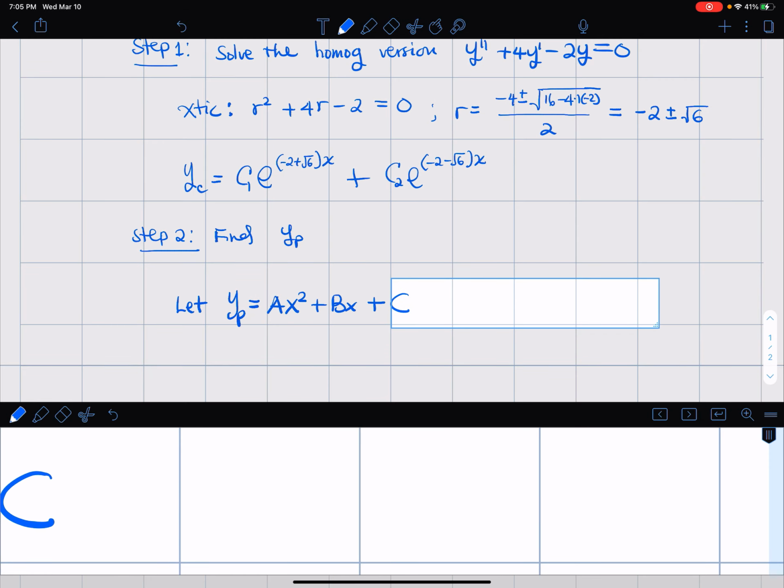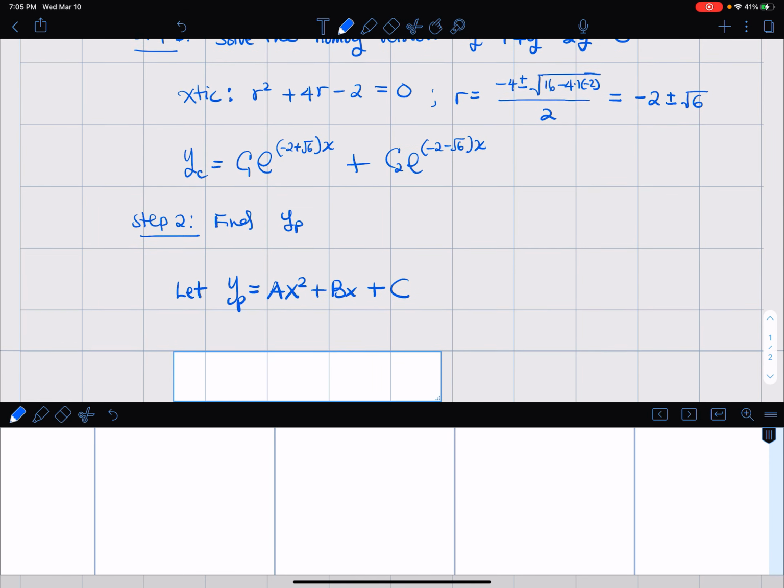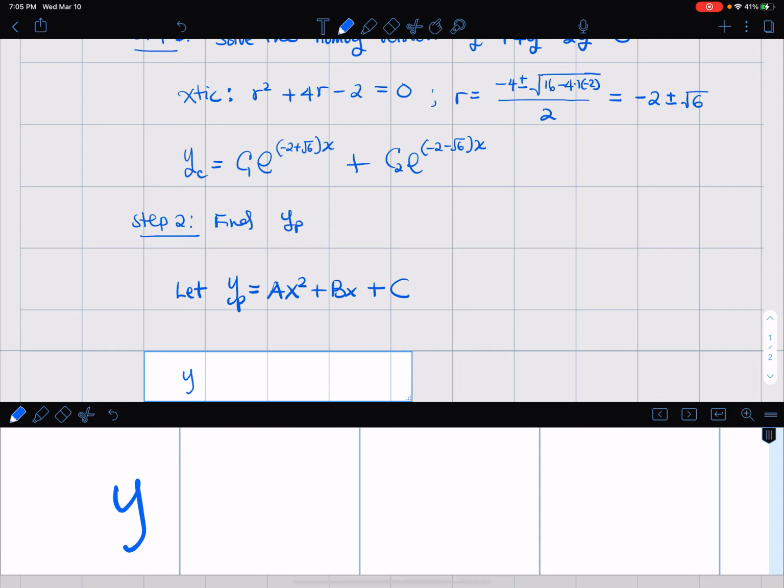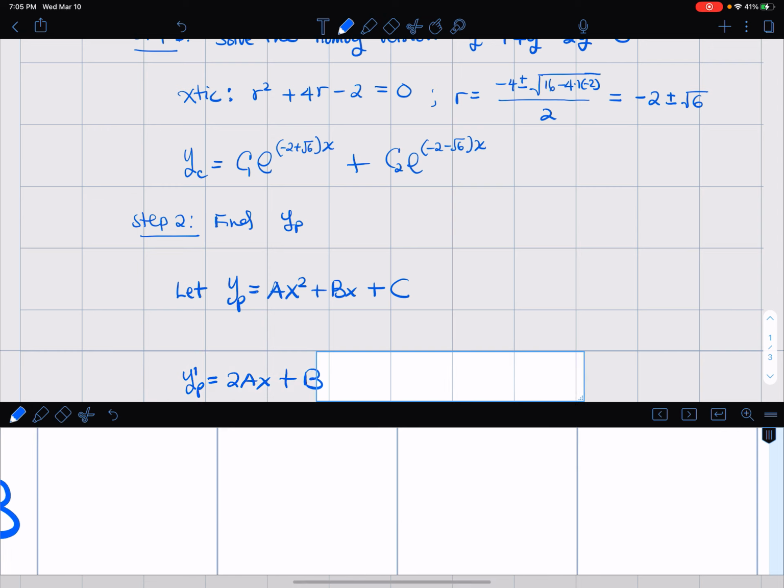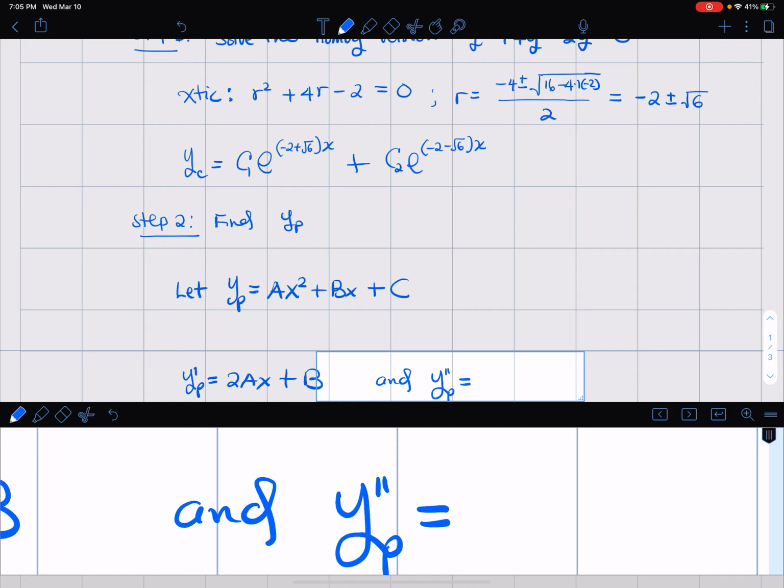These coefficients are not determined yet, but we can determine them. If this is the case, yp prime is just 2ax plus b, and yp double prime is just 2a.